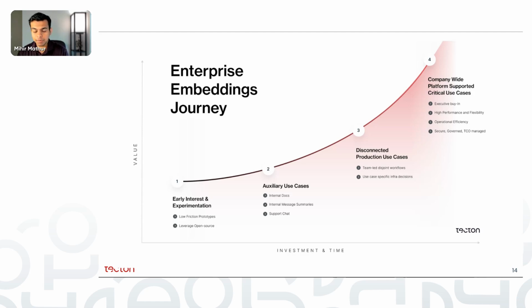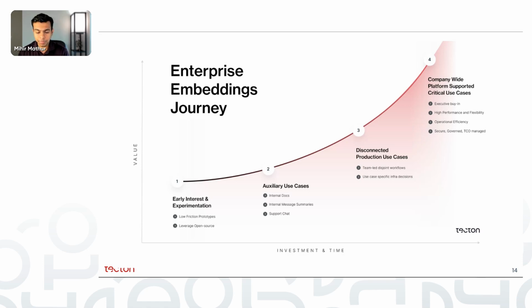The second set of use cases we are seeing are internal use cases. We call them auxiliary use cases, where the productivity of internal team members is optimized with embeddings. These use cases are things such as internal documentation.